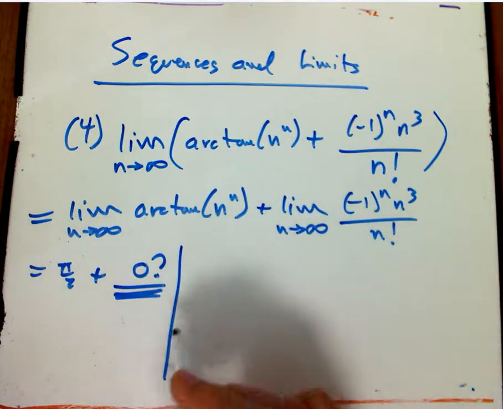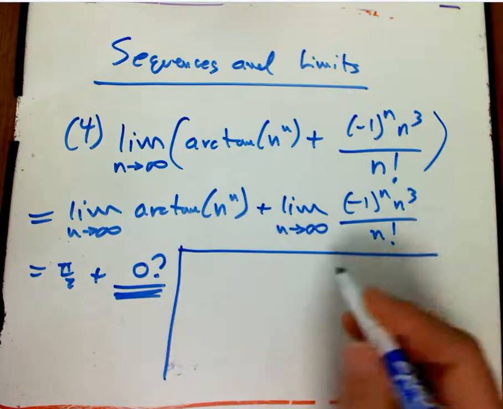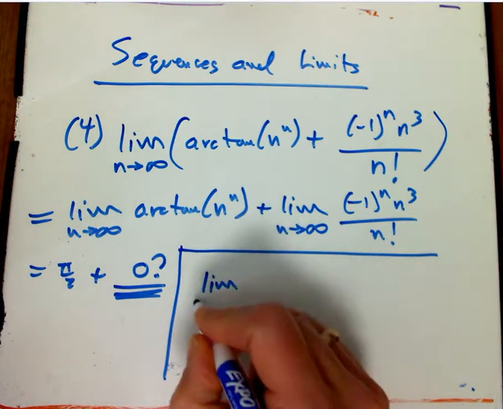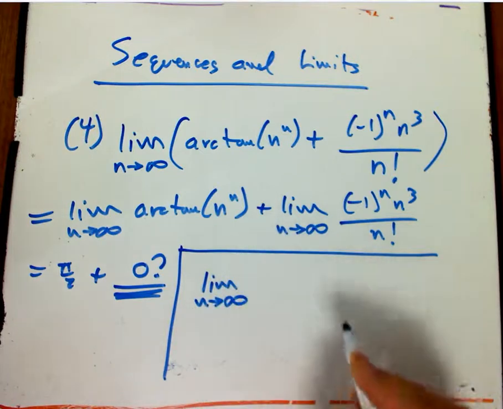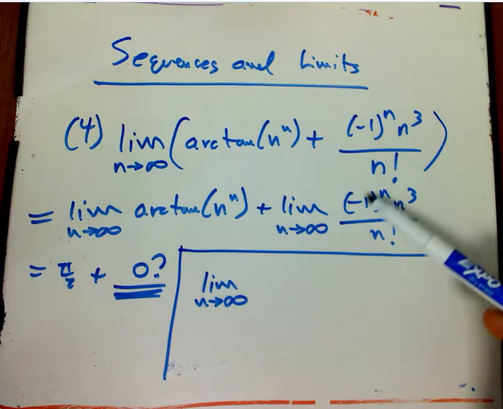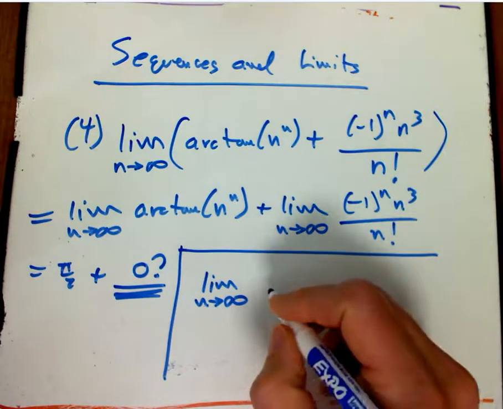So let me show you just a couple ways of doing that using some of the theorems. First of all, there's this theorem that says that if I want to show a limit goes to 0 and it has some weird signs, the signs don't really matter.